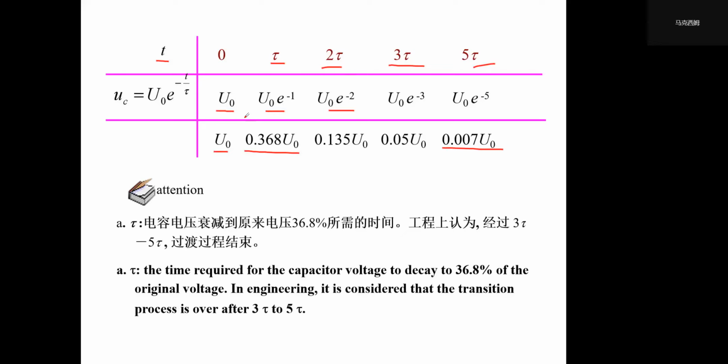So in reality, in practice in the factory, if we would like to know the time constant of a system, we can test it and tell it from the output curve. We can just measure when the capacitor voltage decays to 36.8% of the original value.